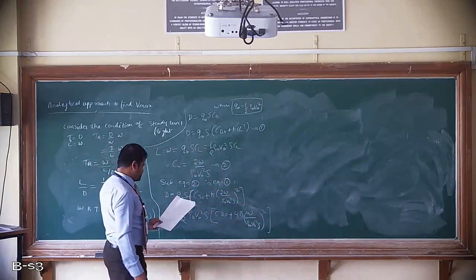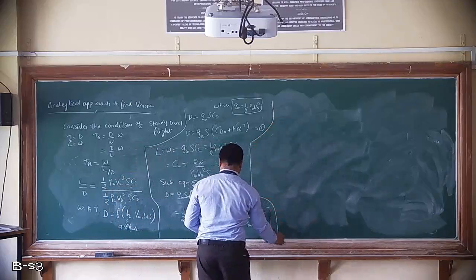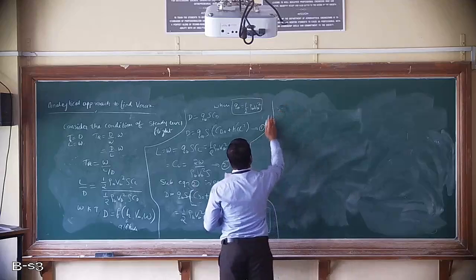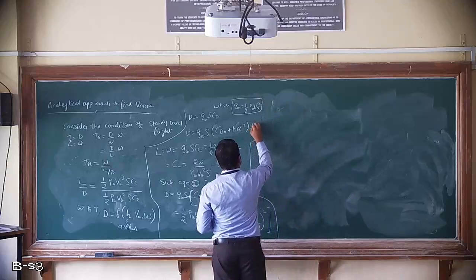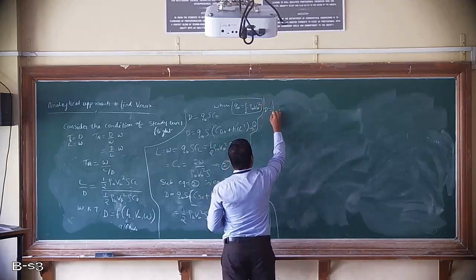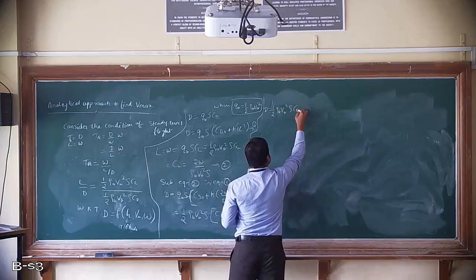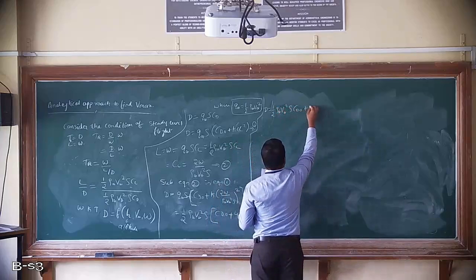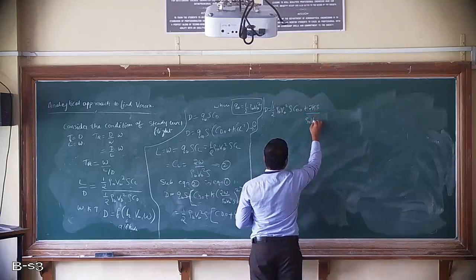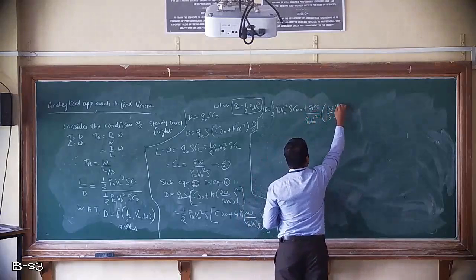After further simplification, the same equation can be written as D equals half rho infinity V infinity square S CD naught plus 2K S divided by rho infinity V infinity square multiplied by W by S whole square.